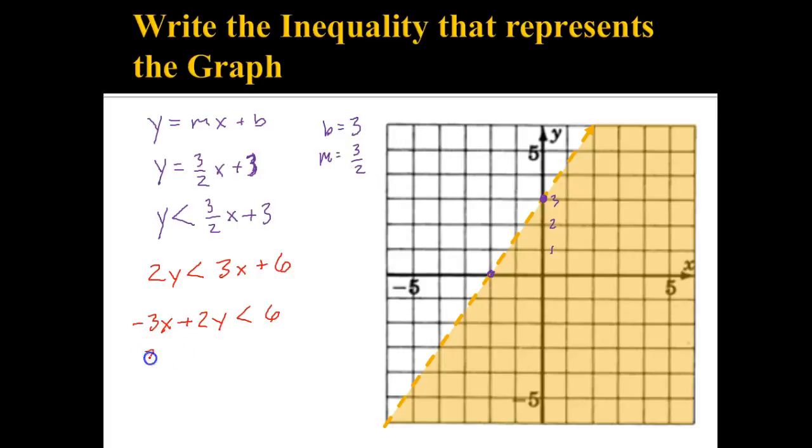And so I'd have 3x minus 2y and negative 6. Or it's possible that I took this sentence and multiplied it by negative 1. And when you multiply an inequality by a negative number or divide by a negative, you flip the inequality sign and change all the signs. So it becomes positive 3x, negative 2y, negative 6, and greater than rather than less than.